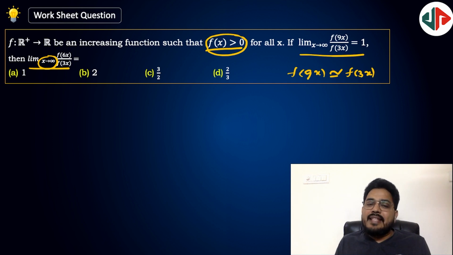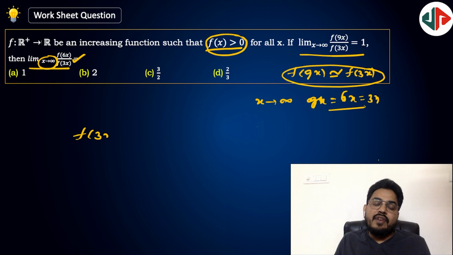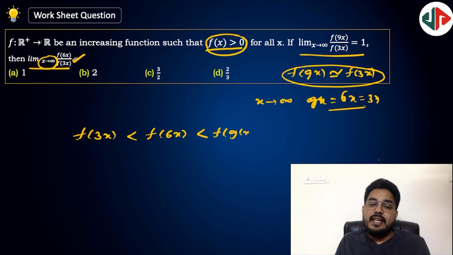As x tends to infinity, 9x is almost equal to 6x, almost equal to 3x. So generally, f of 3x is less than f of 6x, less than f of 9x, because the function is increasing.